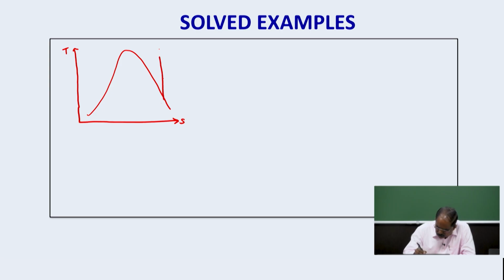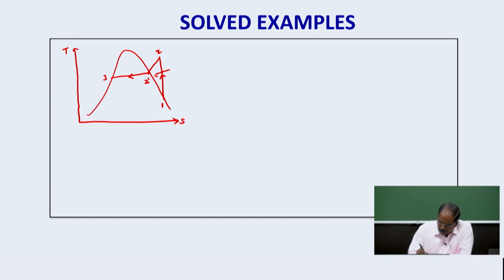Isentropic compression 1 to 2. Then we have the condensation process from 2 to 3. So let us mark this intersection point as 2 dash.